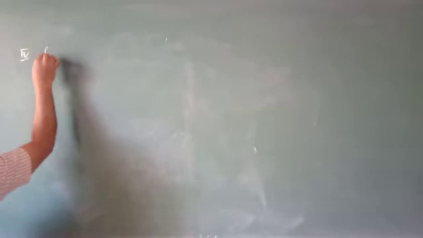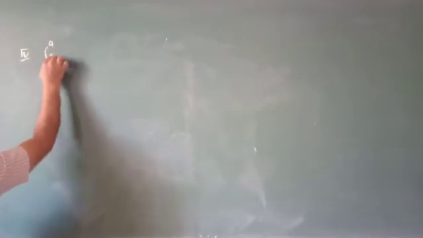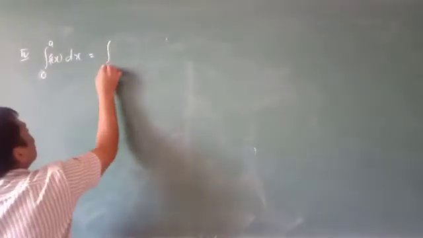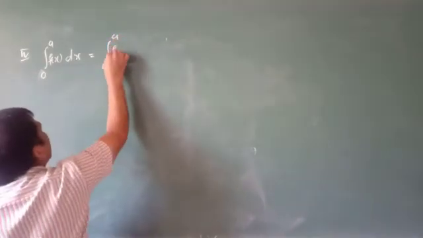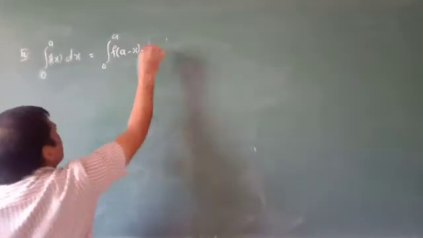The next one, the fourth property, says that in a definite integral, the integral from 0 to a of f of x with respect to x is the integral from 0 to a of f of a minus x with respect to x.